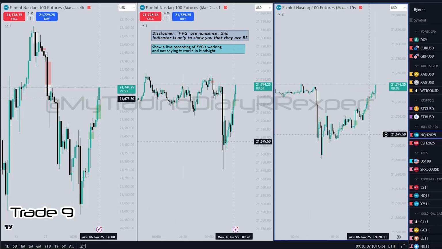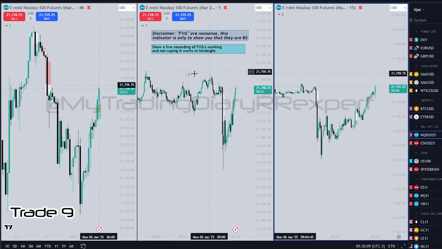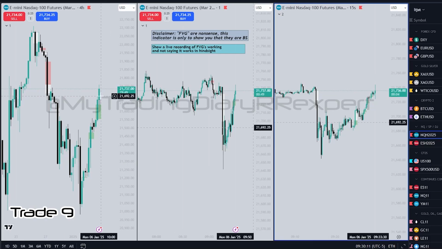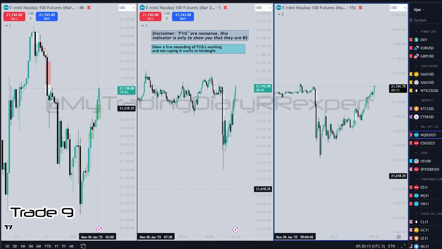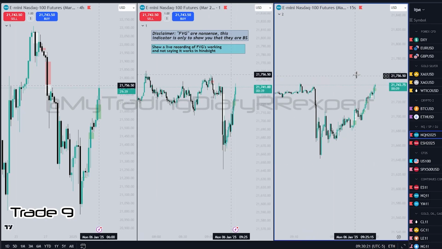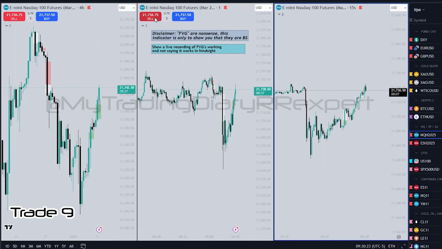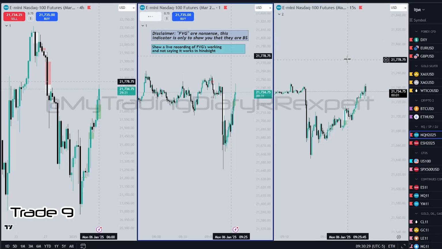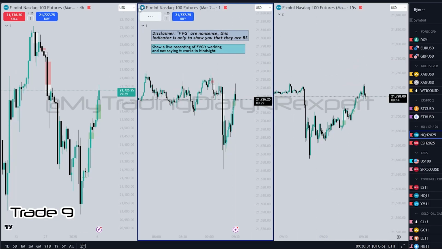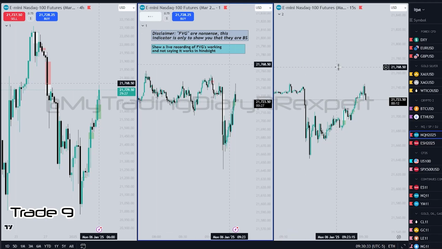So equities are opening now. Let's see what the price wants to do. See, this is what happens when you trade around equities open.